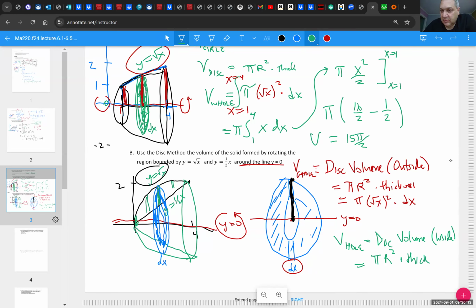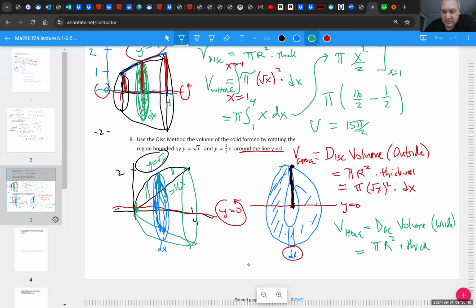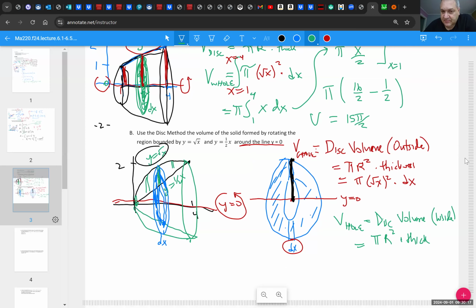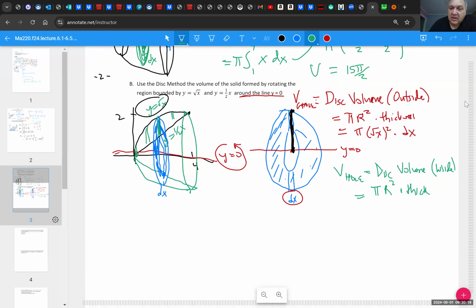In this case, let me move this up a bit. So in this case, let's get rid of this black thing for a moment. The inside thing is going to be here to here. So to find that vertical distance between two things, I have to subtract the top one minus the bottom one. The top one is this function, 1/2 x, and the bottom is 0.